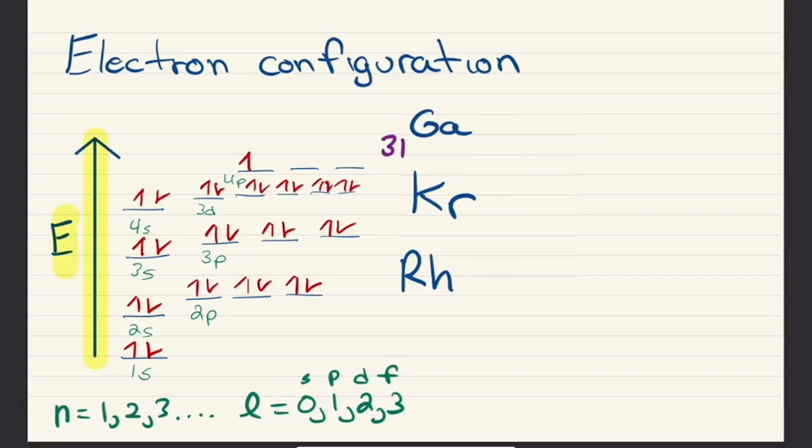Notice that we have now represented these electrons on our orbital energy diagram.